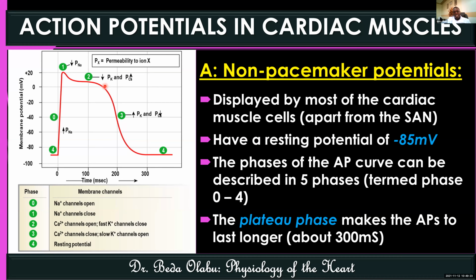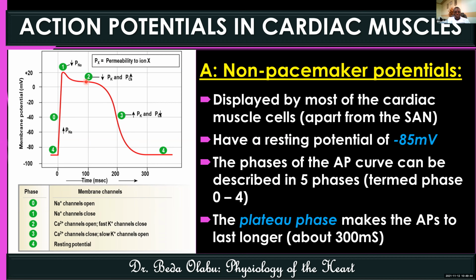The ones for the atria are slightly shorter and they slant down more. They have a steeper gradient than the ones for ventricular musculature, but the concepts remain the same. All right.